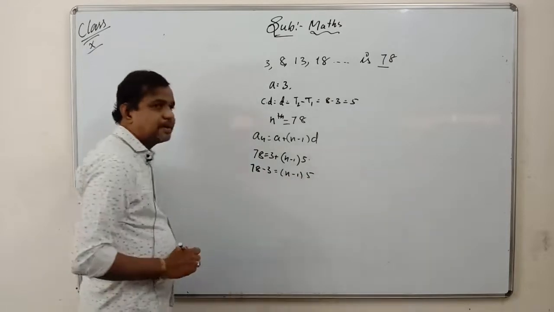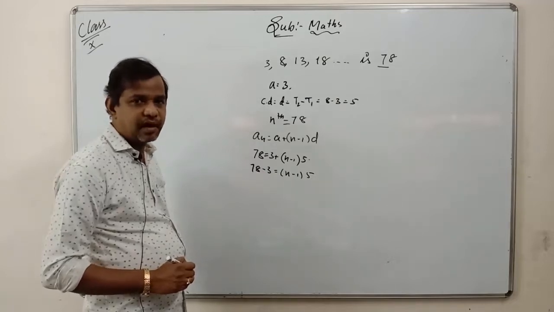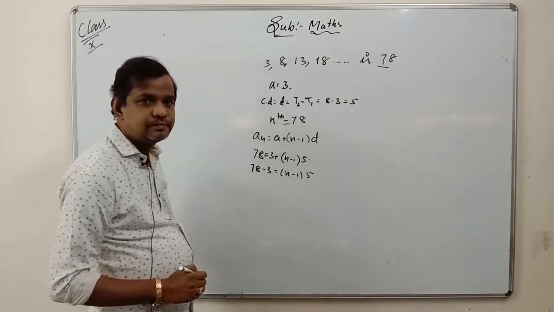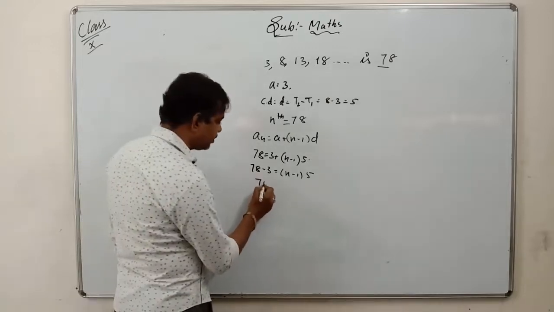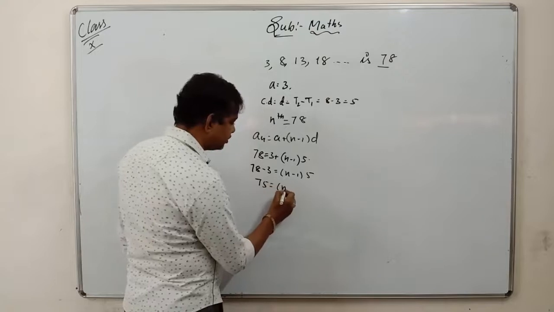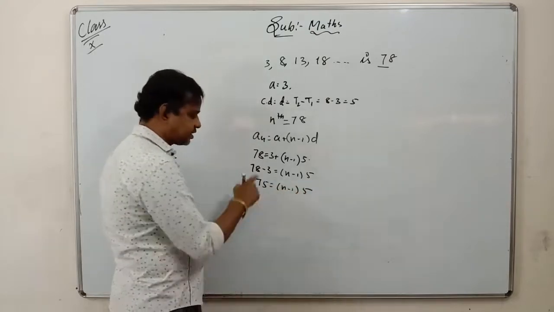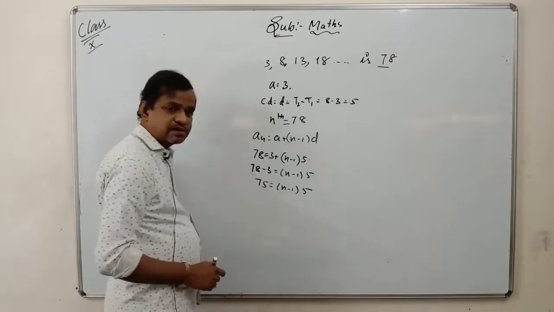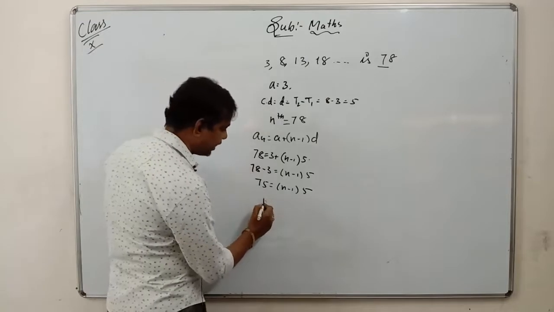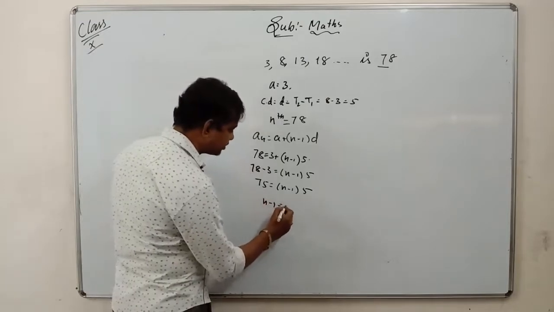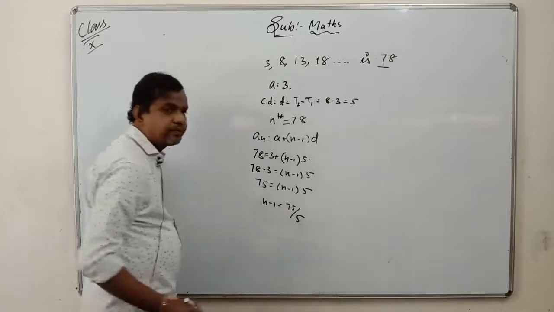What is 78 minus 3? 78 minus 3 is 75. So 75 equals n minus 1 times 5, because 78 minus 3 is 75. Or I can write n minus 1 equals 75 by 5.